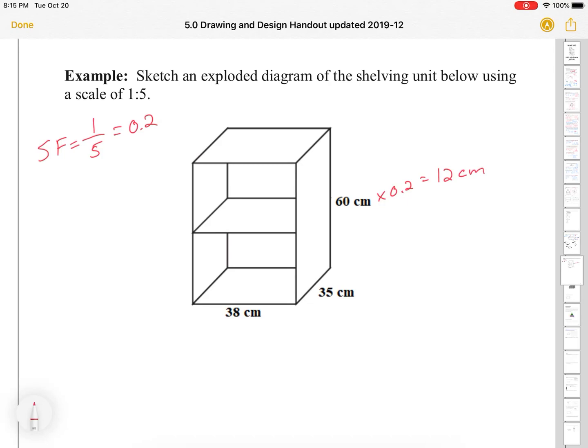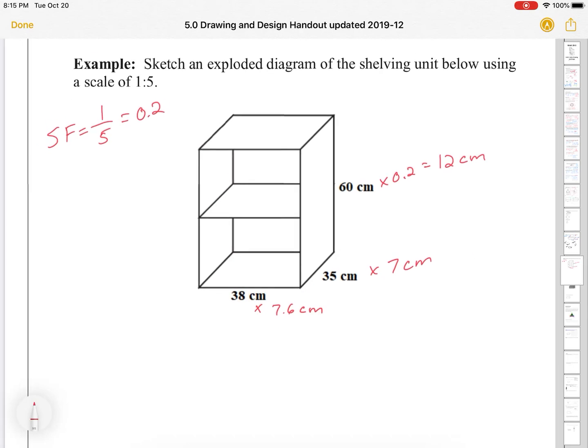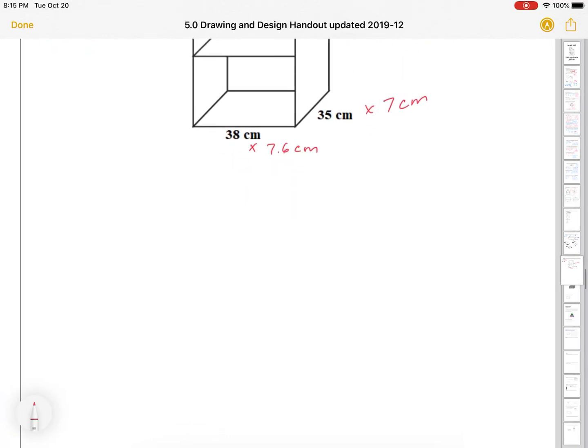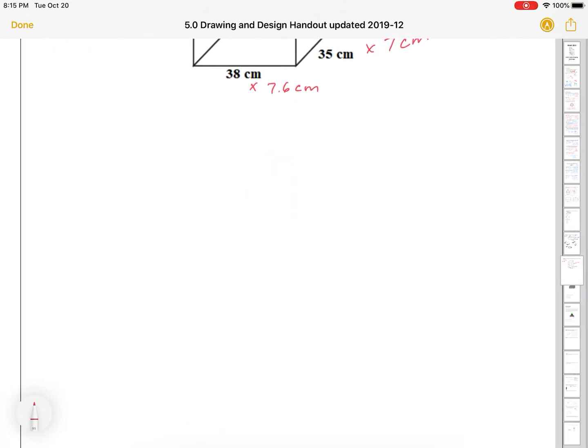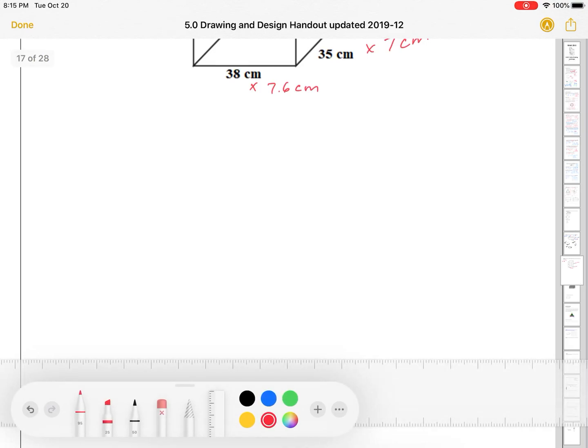This is really big, what we're going to draw. 35 centimeters, so 35 times 0.2 is 7 centimeters. And 38 times 0.2 is 7.6 centimeters. Now, if the whole thing is 60, that means half is 30, but let's take this and sketch it out. I'm going to scroll mine up because of the space involved, and get my ruler out.